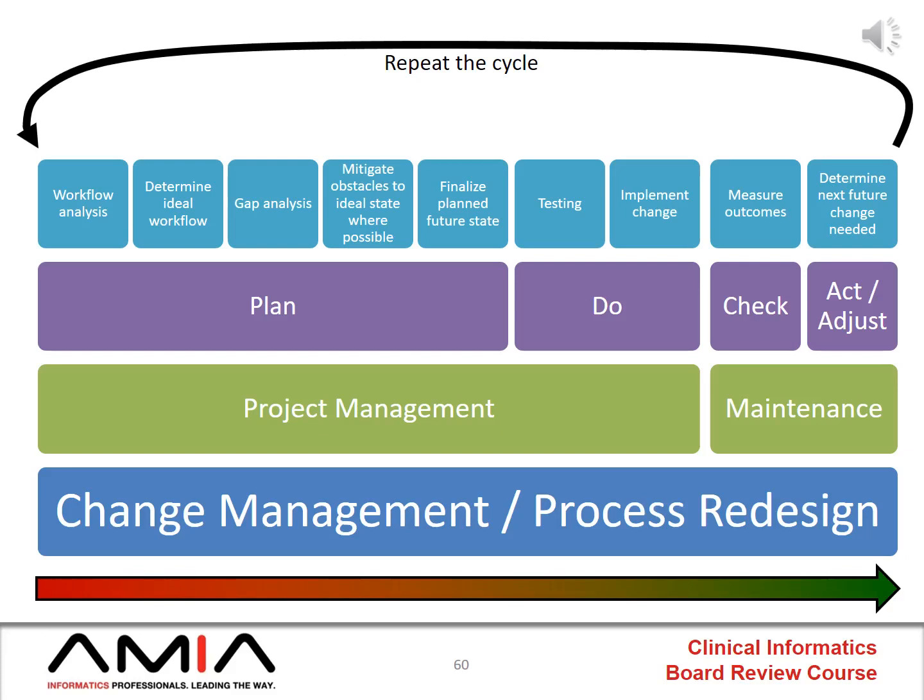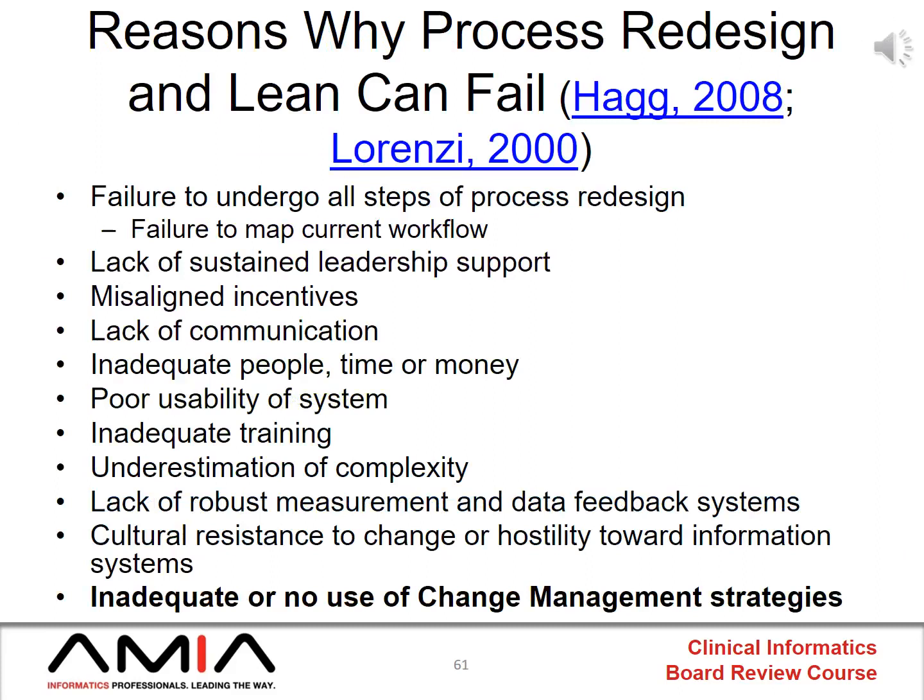At the bottom, you'll see that change management and process redesign really happen along this process, and it's iterative. You can't have process redesign without good change management strategies, and change management is fairly useless without process redesign. There are a couple of good articles on the reasons why process redesign, and specifically process redesign using lean technology, can fail.